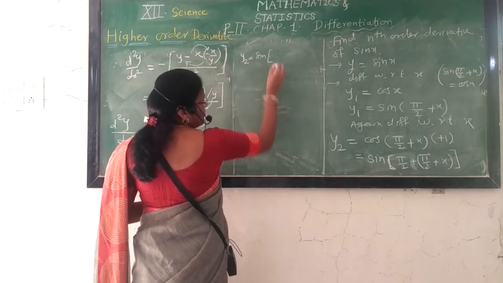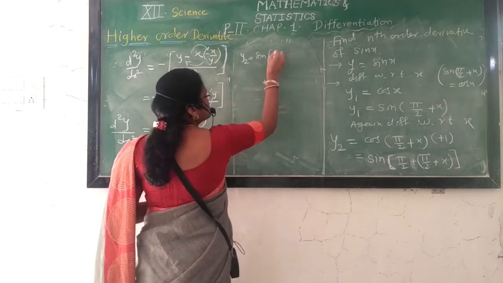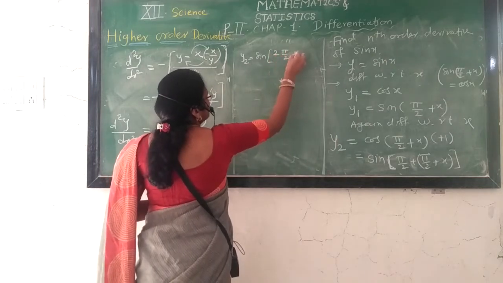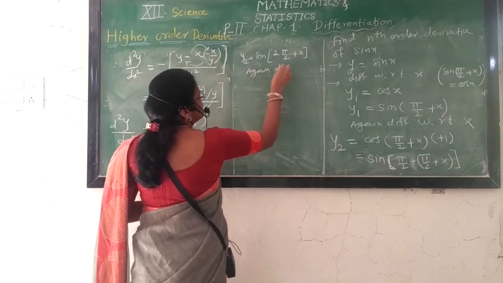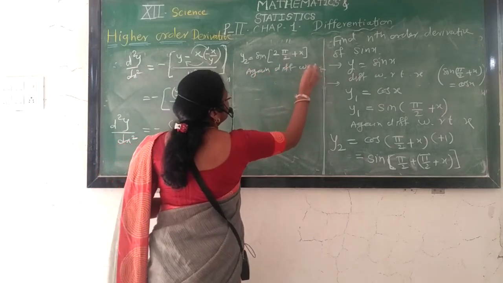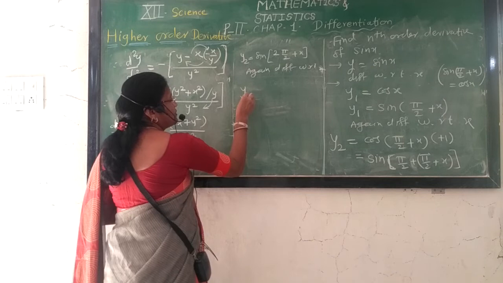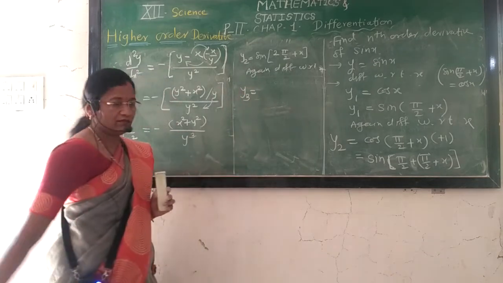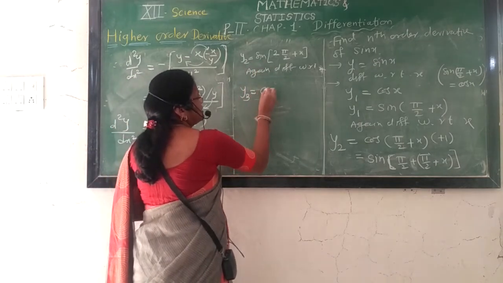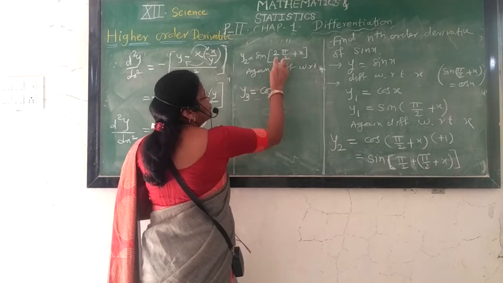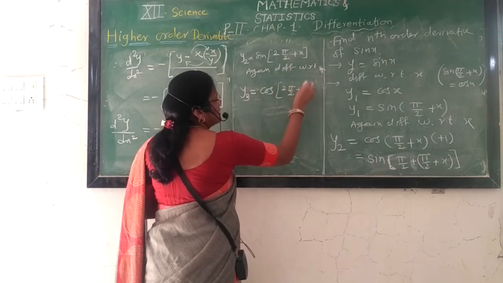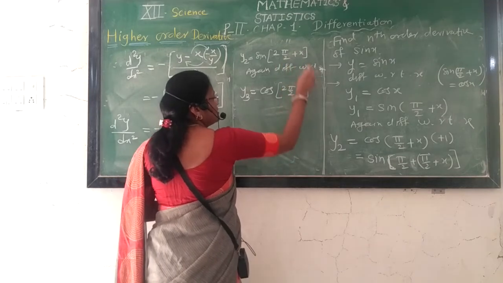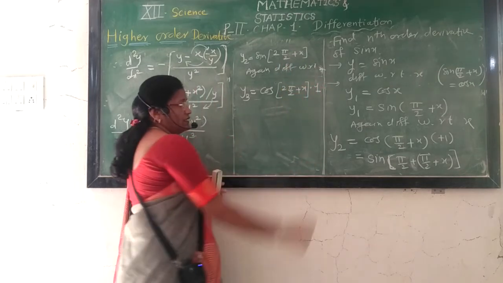Now y2 is equal to sin of pi by 2 plus pi by 2 plus x, which means sin of 2 times pi by 2 plus x. Now take again the differentiation with respect to x. So the derivative of y2 with respect to x is y3. The derivative of sin gives cos of 2 times pi by 2 plus x, and the derivative of x is again 1.